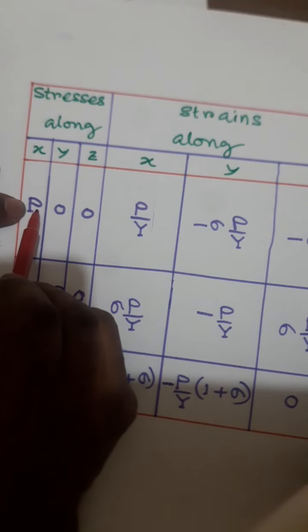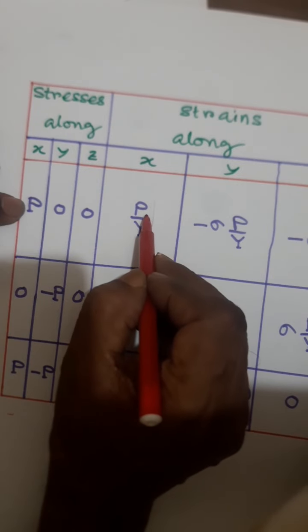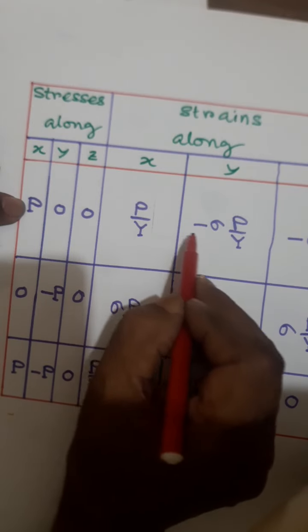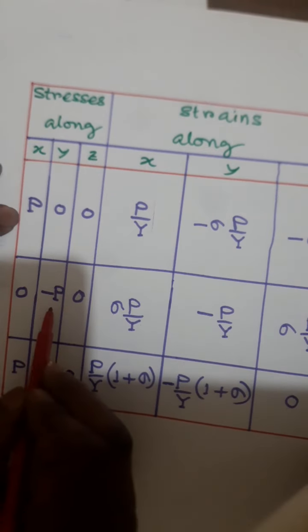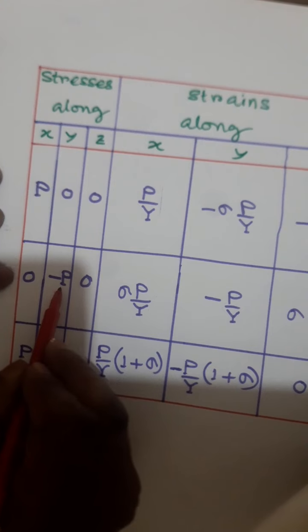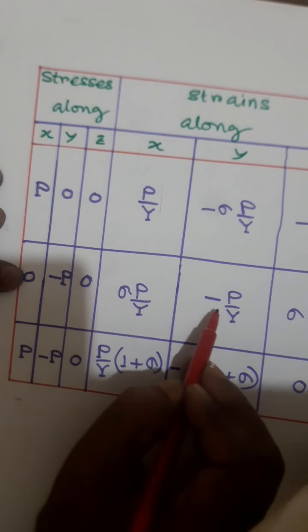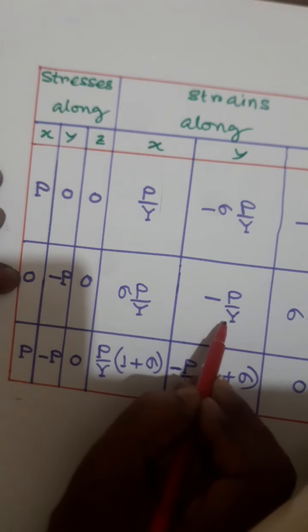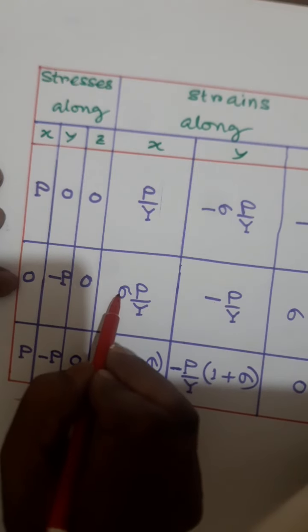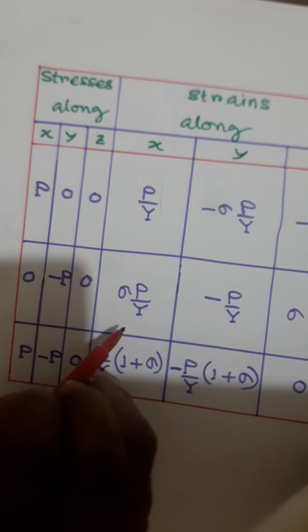Extensional force P along the x-axis gives strain P by Y along the x-axis and minus sigma P by Y along the other two axes. The contractional force minus P makes a negative longitudinal strain along the y-axis, minus P by Y, and plus sigma P by Y in the other two axes.